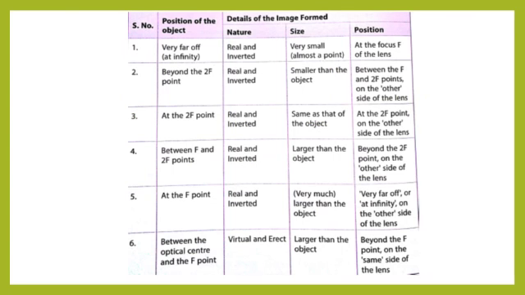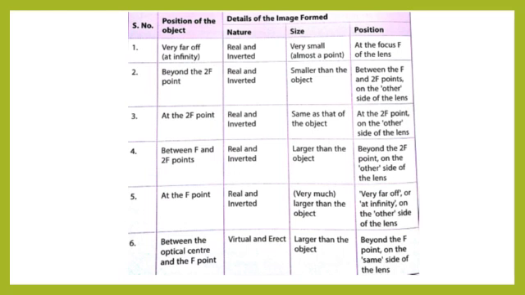Students, first of all, we will recall the nature of the images formed by a convex lens, which we studied in our last session. The first case is when the object is at infinity.